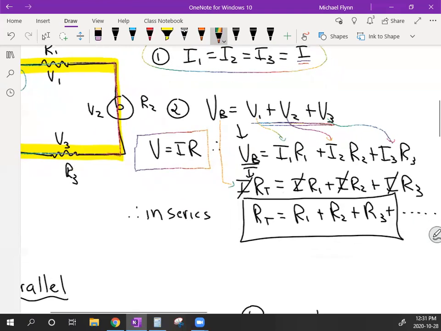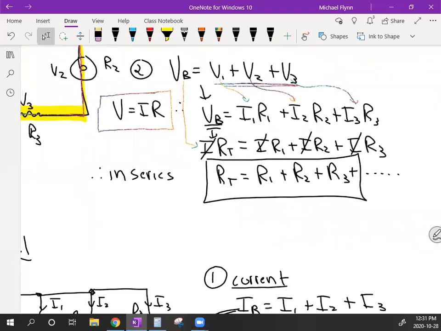And what I'm left with is what you see in this highlighted line here. Now, all the currents are the same, so they can be canceled out mathematically. And what you're left with is what I've already put a box around here, that the total resistance in a series circuit is the sum of the individual resistances.